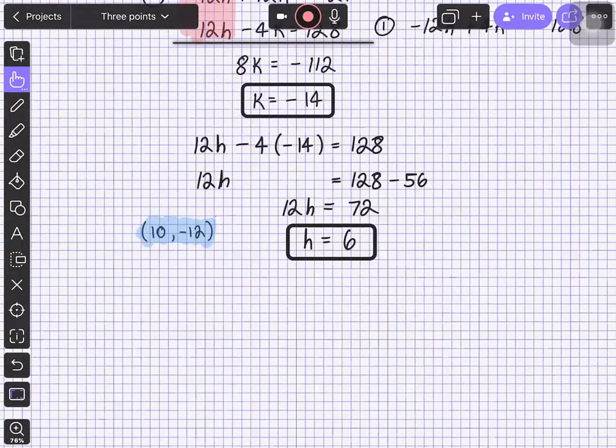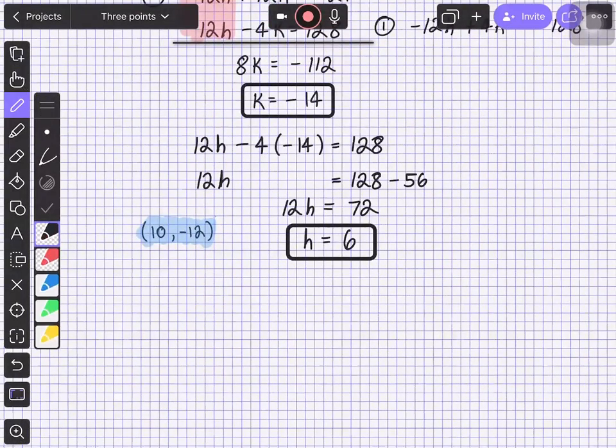So the radius squared will be x and y, and we have h and k: x minus h squared plus y minus k squared.